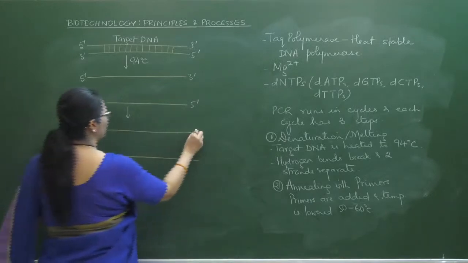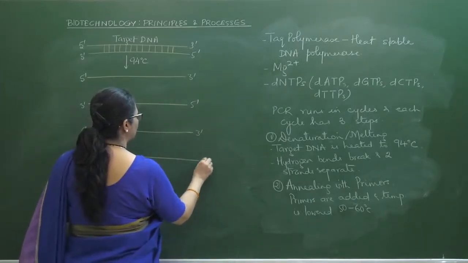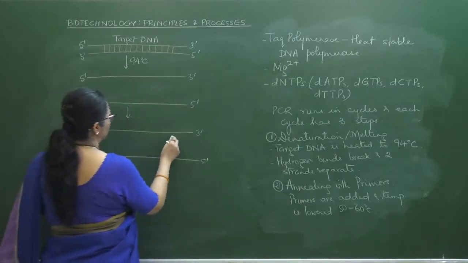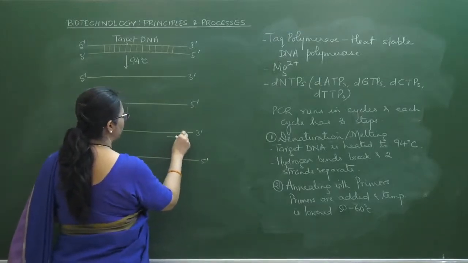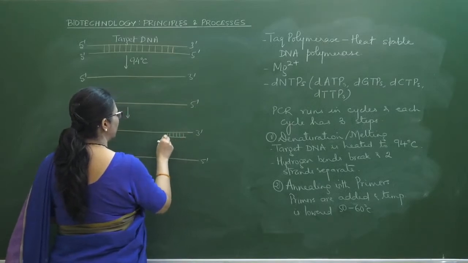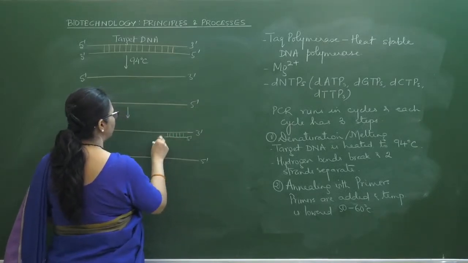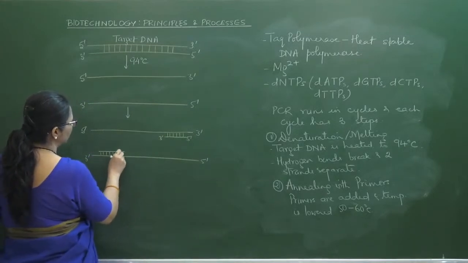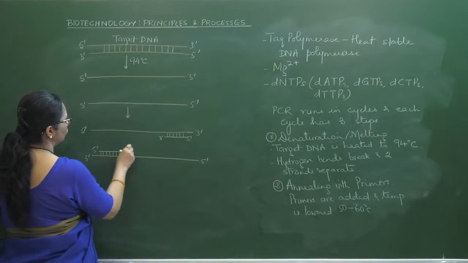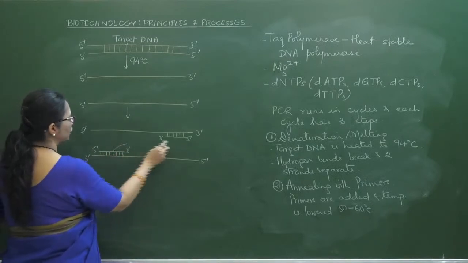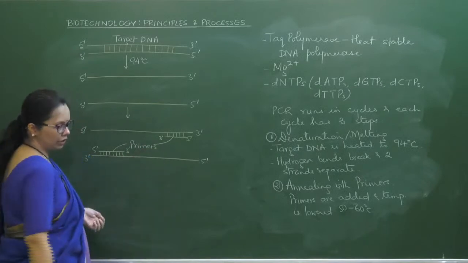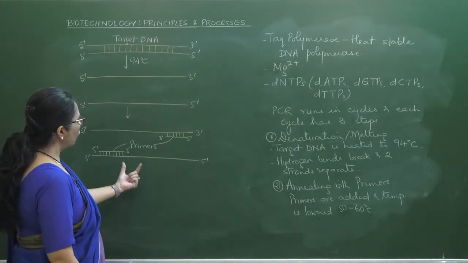In this manner, let us say here this is the primer 5 prime to 3 prime, and here this is the other primer 5 prime to 3 prime. So these you see are the primers, and they have annealed.